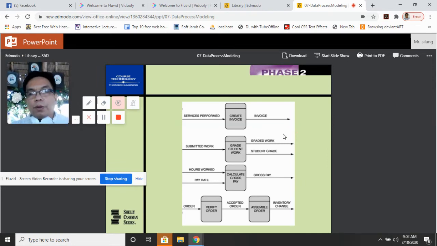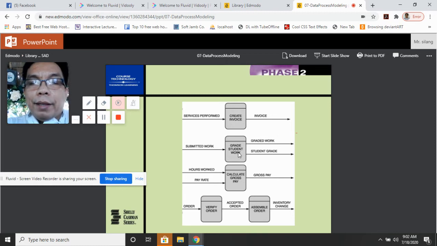Now here we have examples of data flow and the process symbol. As we said last time, a process takes input and produces an output. For the first example, the service performed will be the input for the process to create an invoice. And when you create the invoice, your output is an invoice.